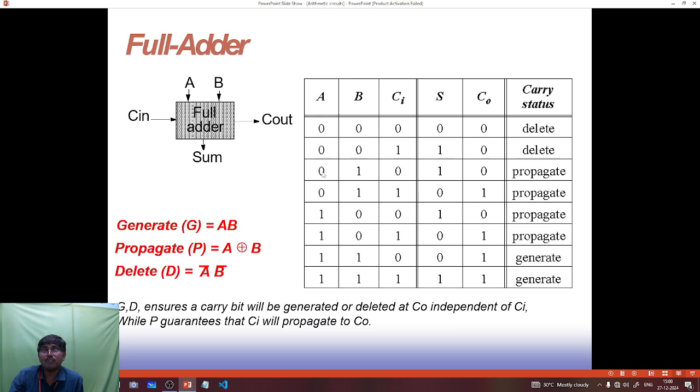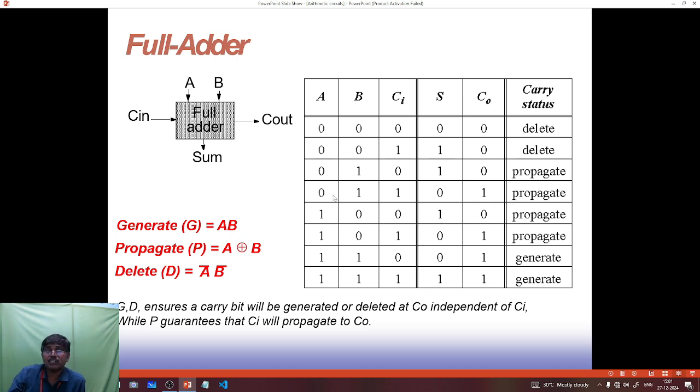We are familiar that when the inputs are different, the output will be 1 in case of XOR. So here A is equal to 0, B is equal to 1, and carry input is equal to 0. Sum will definitely be 1, and the propagate will be A XOR B. When you propagate A XOR B, it will be a propagation operation.